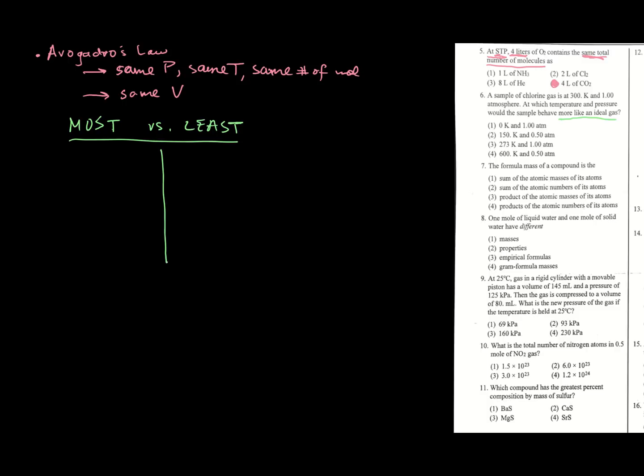For most ideal, you want high temperature, low pressure, whereas least is high pressure, low temperature. So we want the highest temperature and the lowest pressure. And that's choice 4.